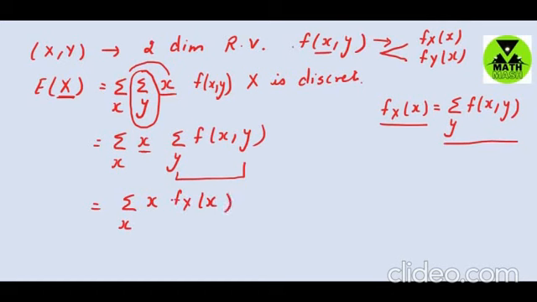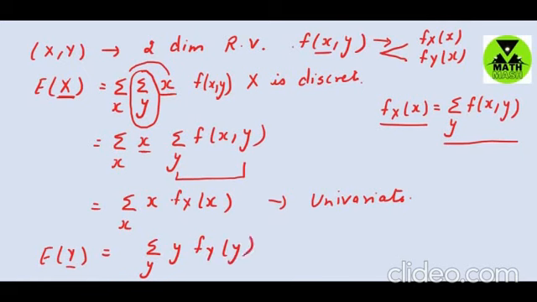So this is the formula for the expected value of x, and this is the same as we did in the univariate case, that means for a single random variable case. Similarly, what is the expected value of y? Expected value of y is summation over y values. Write this y as it is, and this is the marginal density of y. So this is the expected value of y.